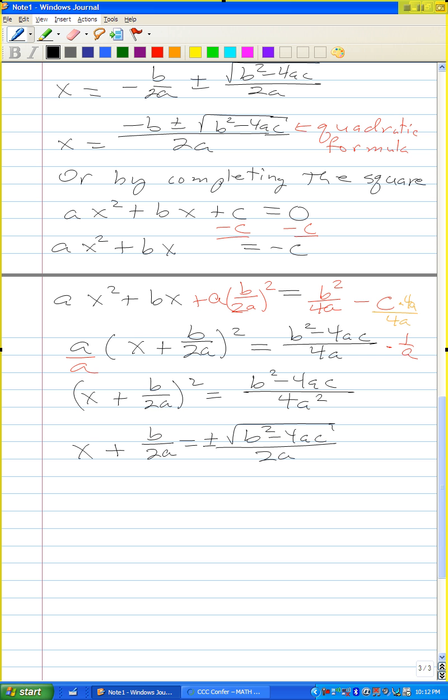And so now I will solve this equation for x. So subtract b over 2a from both sides of my equation.